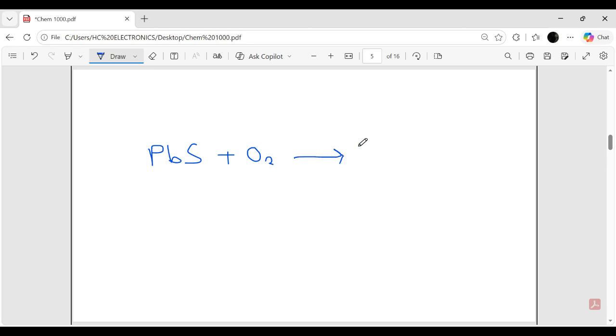Then we also have here PbO, then plus sulfur dioxide.